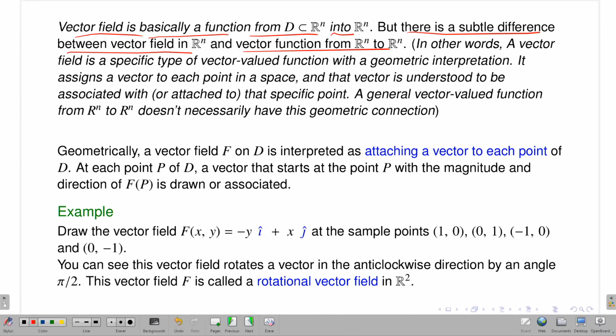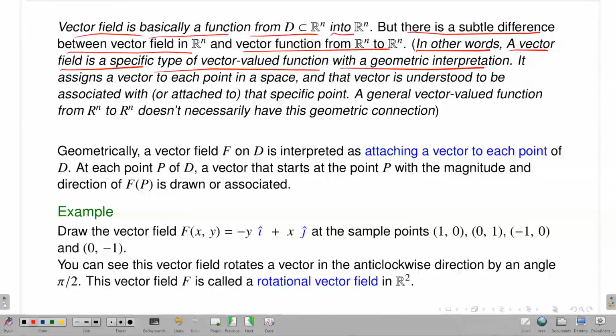In other words, a vector field is a specific type of vector valued function, not all vector valued functions, with a geometric interpretation. And what is the geometric interpretation? It assigns a vector to each point in a space, and that vector is understood to be associated with or attached to that specific point.